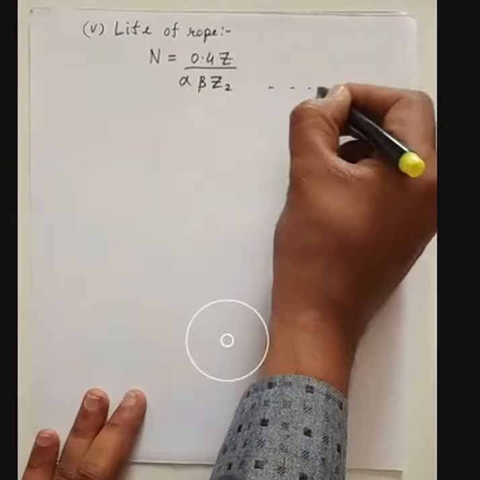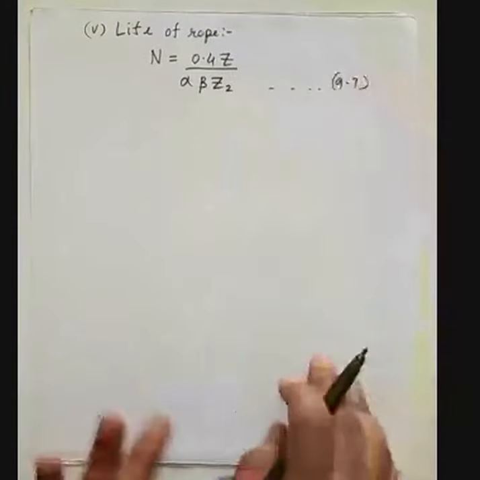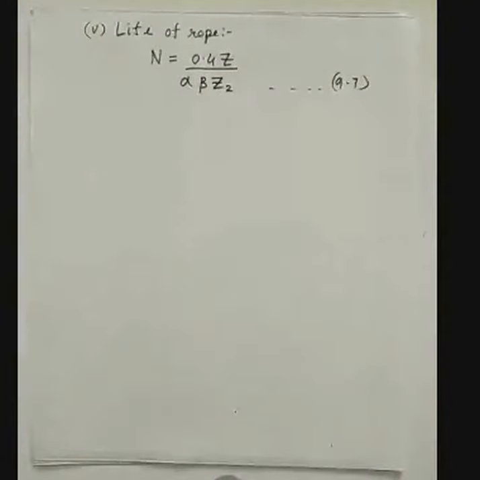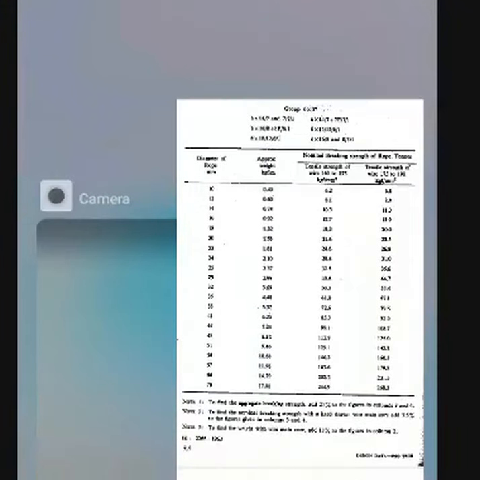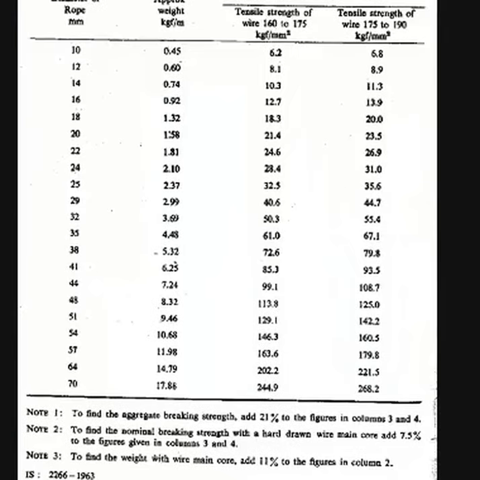So this is the formula that is given on 9.7. We will go there and see what all these special characters in the formula mean.